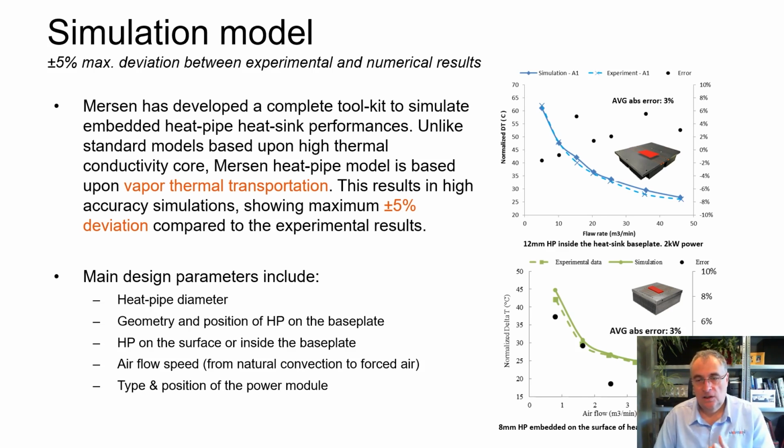As you can see on those two graphs, related to either a 12 millimeter heat pipe or an 8 millimeter heat pipe, either inserted or embedded in a heat sink, it shows an error of less than plus or minus 5% from the simulation to the real experiment. So it shows how accurate it is, and it demonstrates that we can really anticipate the performance of the heatsink even before manufacturing it.